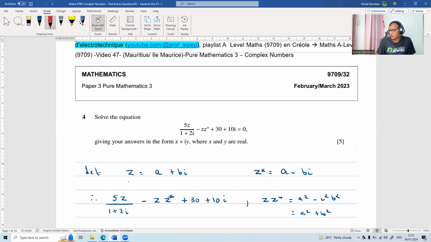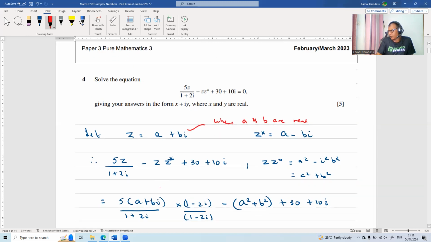Now, moi, je suis capable de dire let z is equal to x plus iy. Mon envie de dire let z is equal to a plus bi, where a and b are real, ça appartient à l'ensemble des nombres réels.